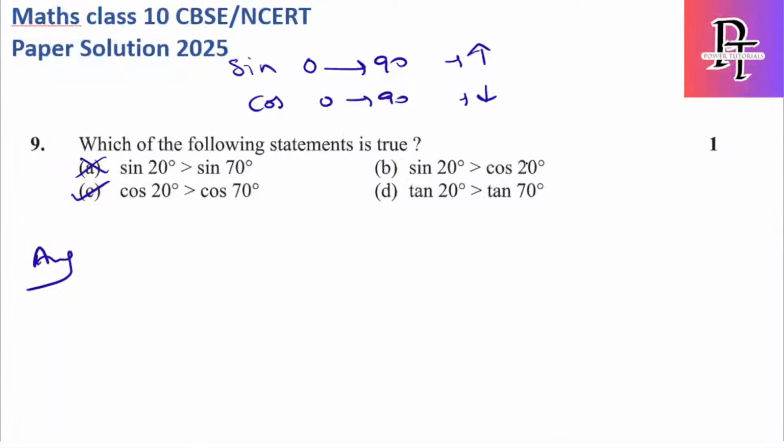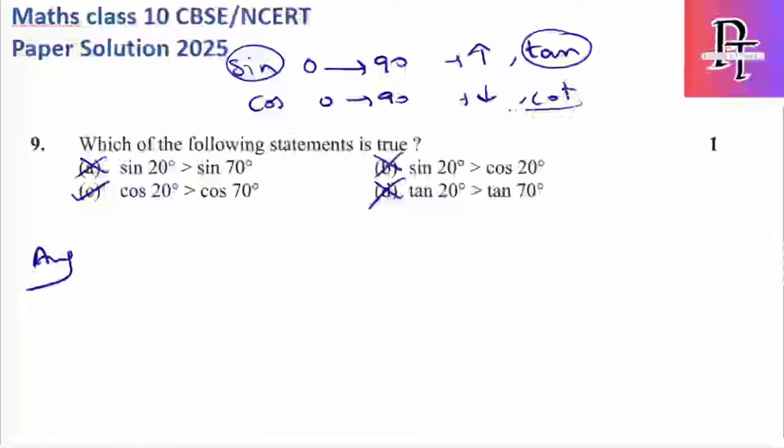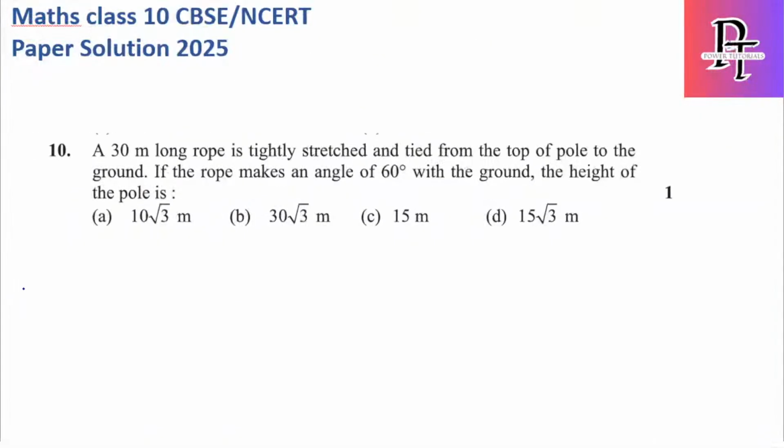Sin 20 greater than cos 20, no. Tan 20 greater than tan 70, no, because from 0 to 90 tan value also increases. So sin and tan increase from 0 to 90, cos and cot decrease from 0 to 90. Okay, let's move to the 10th one.